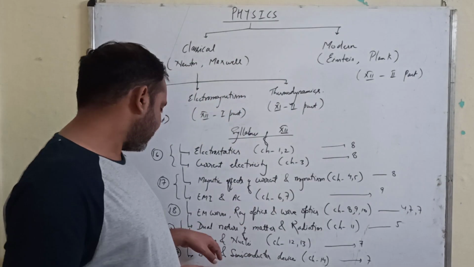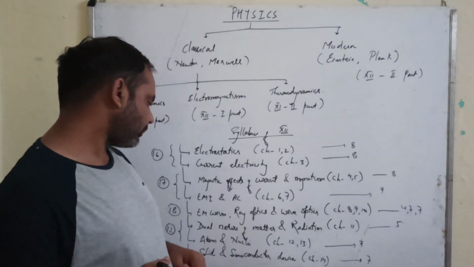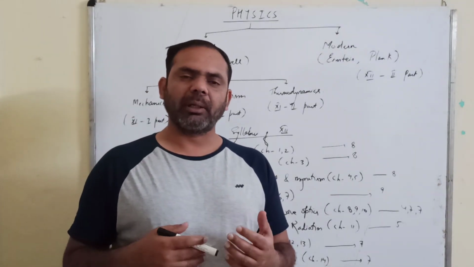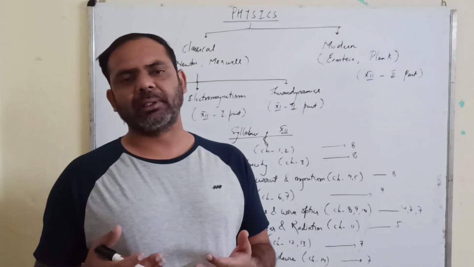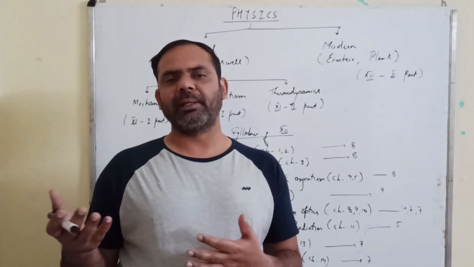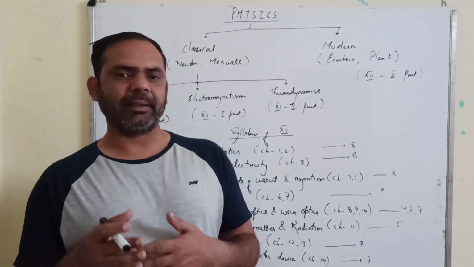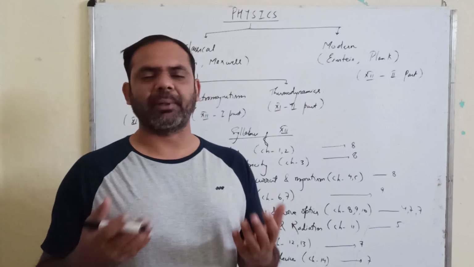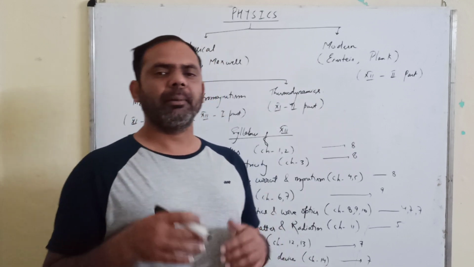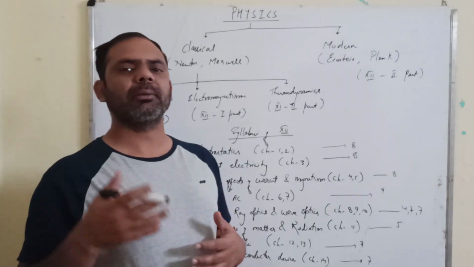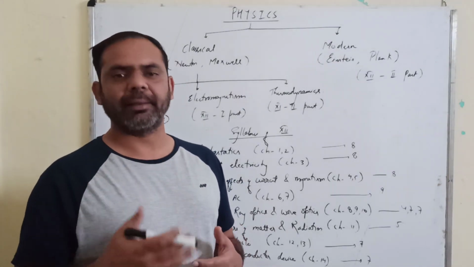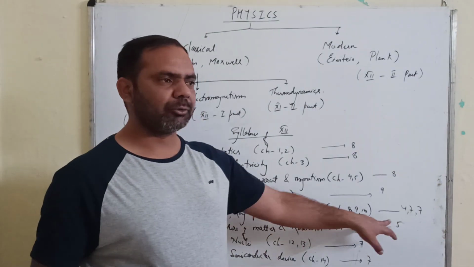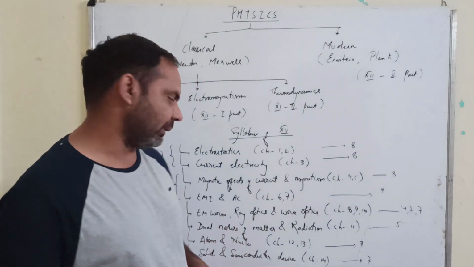In chapter number 11, dual nature of matter and radiation, we again come to know about a few properties which say that light behaves like a particle. So finally we come to the conclusion that light behaves both like a particle and like a wave. It depends on the condition or the phenomena under which the light is going. So that will be your chapter number 11, which will be approximately 5 marks.